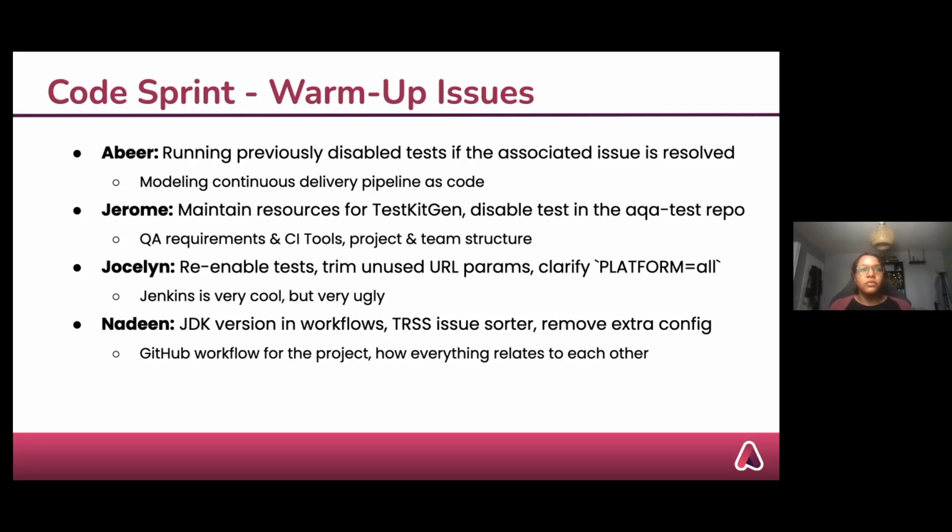And I also removed some extra configuration files. What I learned from the project is the GitHub workflow for how to work. It was a little bit of a steep learning curve, but we got there eventually. And also how everything relates to each other. So I have a better understanding of Adoptium and how all of its sub-projects are symbiotic. And you can go to the next slide.